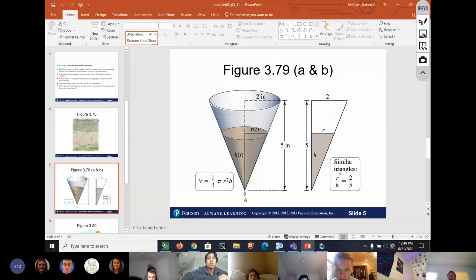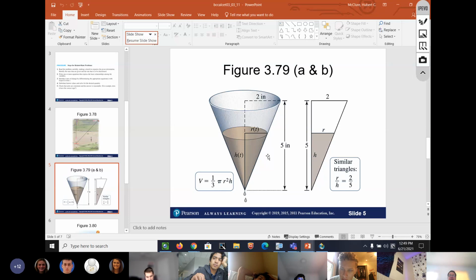Go ahead and make a note on this one that whenever you do one of these cone problems, somebody tell me what changes in the cone. Let's say this is chocolate milk, and you're filling up a cup shaped like a cone with chocolate milk. What's the only thing in this cup that changes?